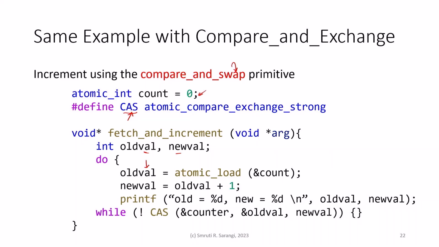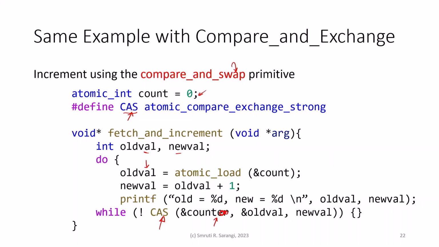Then I want to replace this with old val plus 1. So I compute new val as old val plus 1. Then I print the values. That's all right. Then the secret sauce lies here in CAS. So I provide it an address, sorry, this should be count, right?